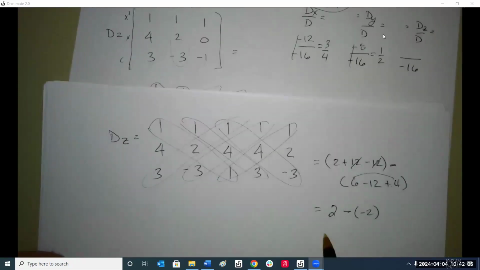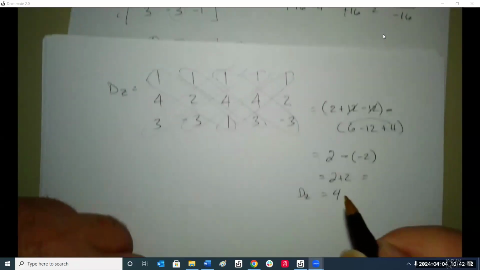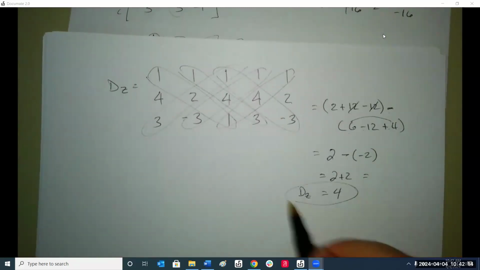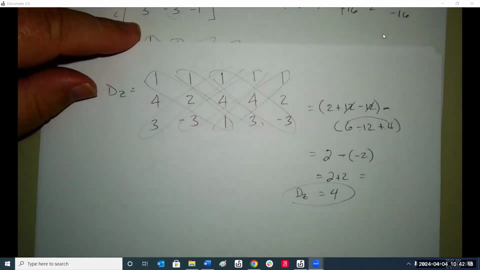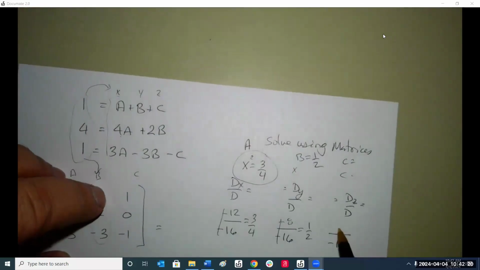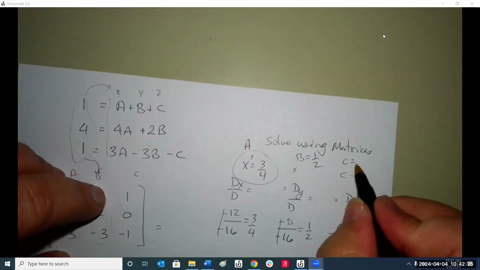So the 12s cancel, so we have 2 minus 10 minus 12 is -2. So dz is 4. Makes it negative 1/4.